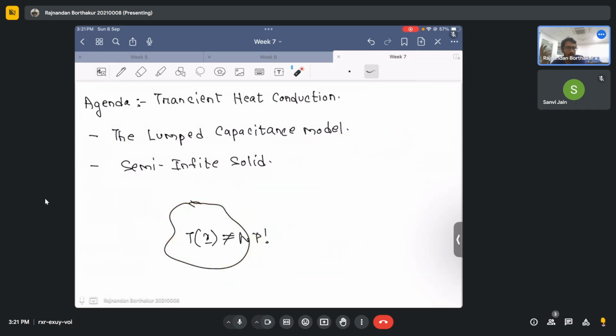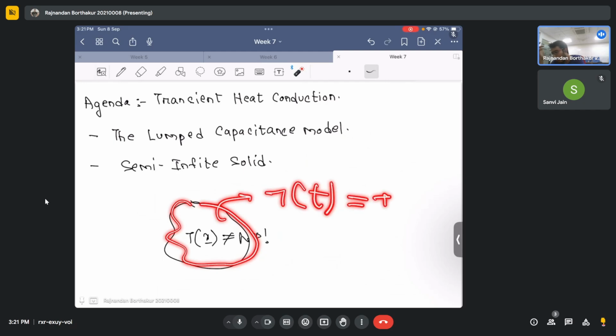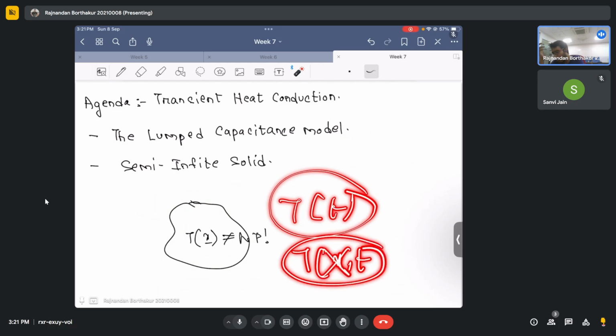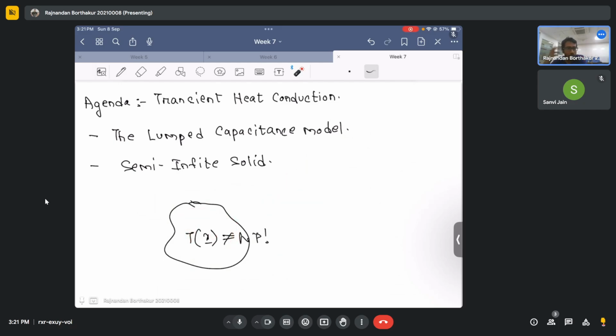Having said that, we will still assume that even though its temperature will come down, its temperature will just be a function of time, and it will not be a function of x and time, that is, it will not be a function of its position inside the body. This model is known as the lump capacitance model.